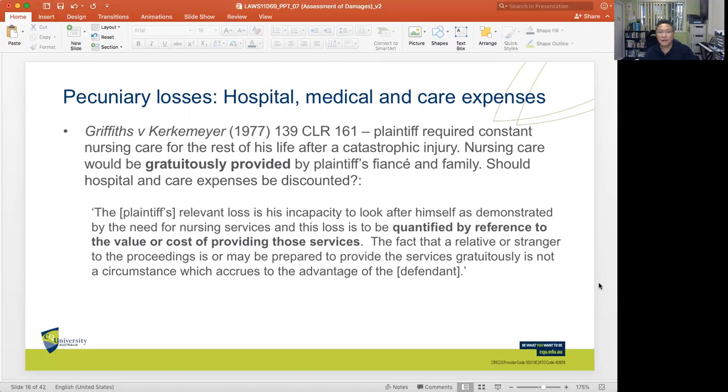So yes, even though the services were gratuitously provided, they should be counted as part of hospital and care expenses. The court said that the fact that a relative or stranger to the proceedings is or may be prepared to provide the services gratuitously is not a circumstance which accrues to the advantage of the defendant. So the gratuitous services have to be included in computing the pecuniary losses that should be awarded to the plaintiff.